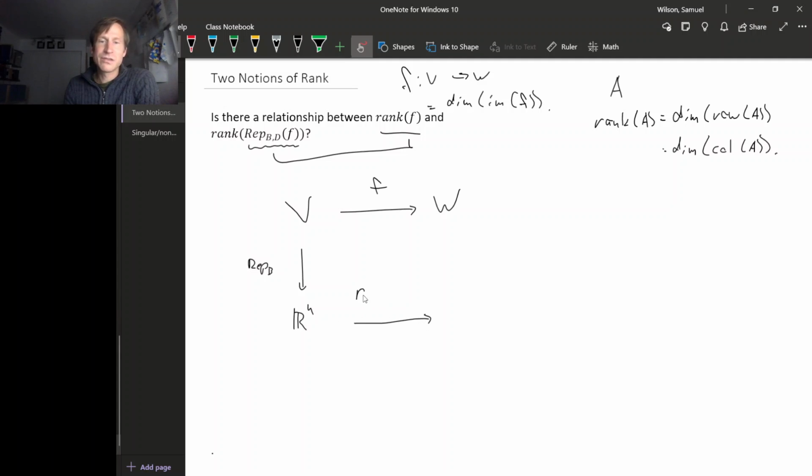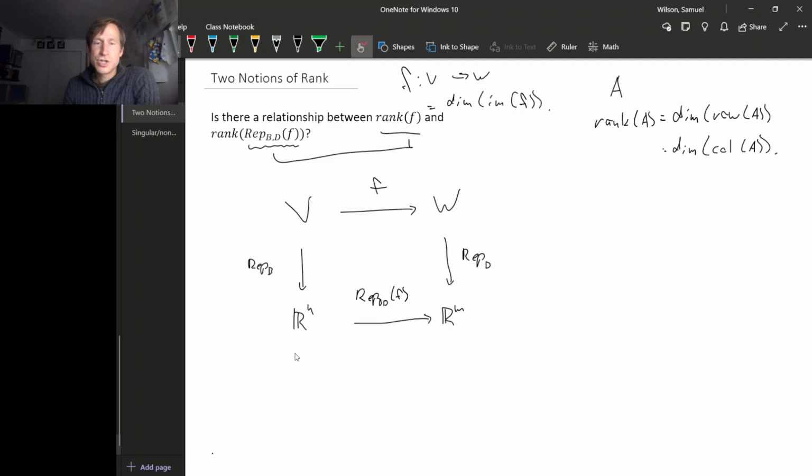The matrix rep BD of F, right? That's a matrix that, acting by vector matrix multiplication, takes us from Rn to Rm. And the last side of the square is rep D, right, which is an isomorphism from W to Rm.